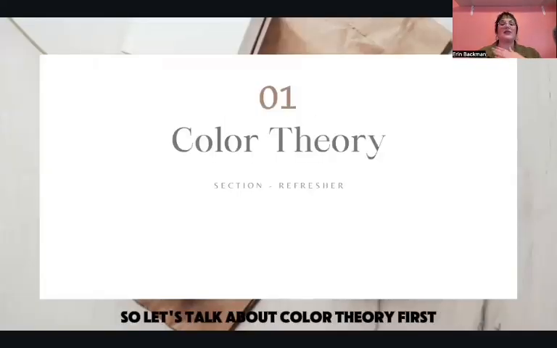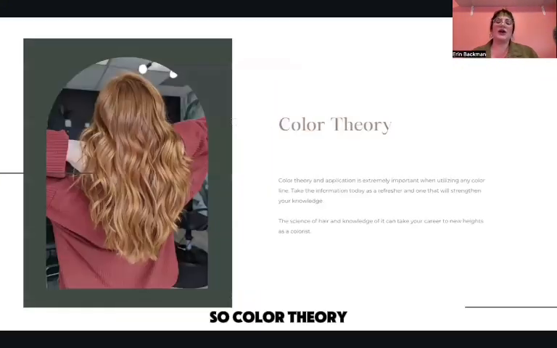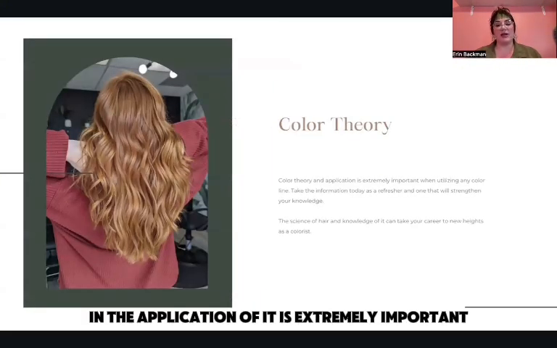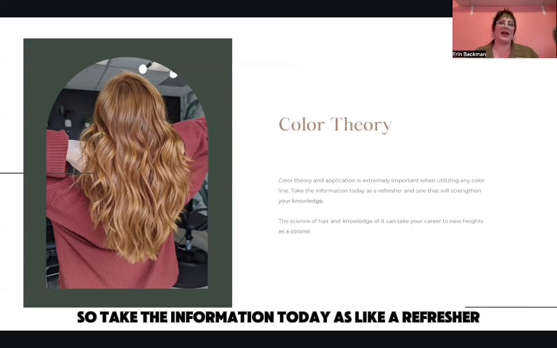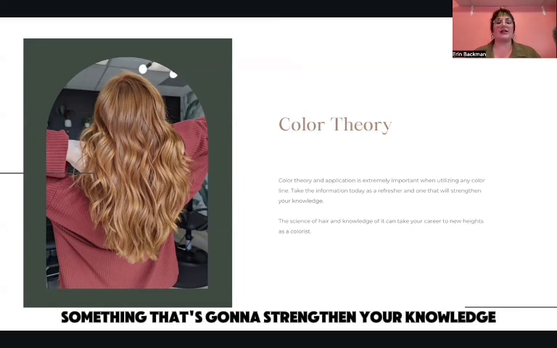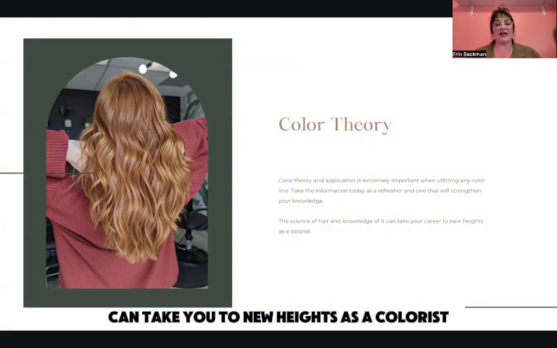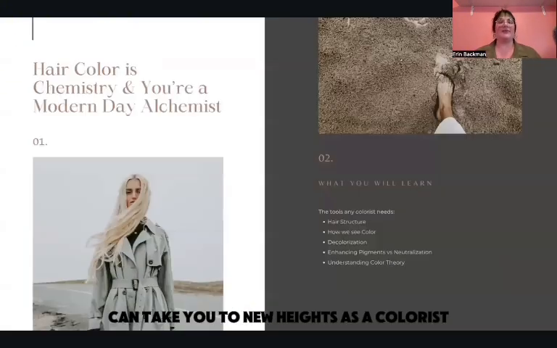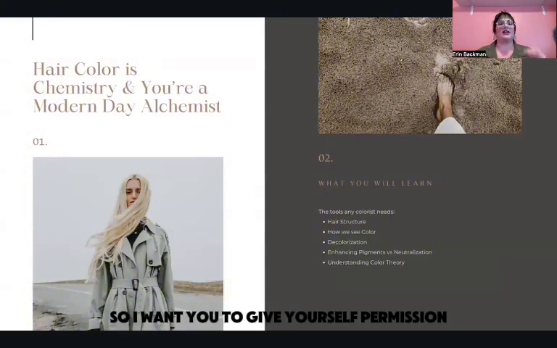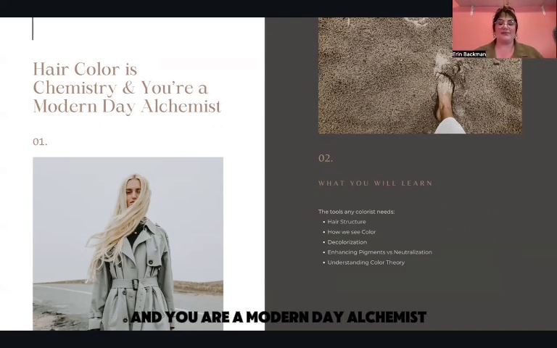So let's talk about color theory first. Color theory and the application of it is extremely important when you're utilizing any color line. So take the information today as a refresher, something that's going to strengthen your knowledge, because the science of hair and the knowledge of it, and especially color, can take you to new heights as a colorist. I want you to give yourself permission that hair color is chemistry and you are a modern day alchemist.